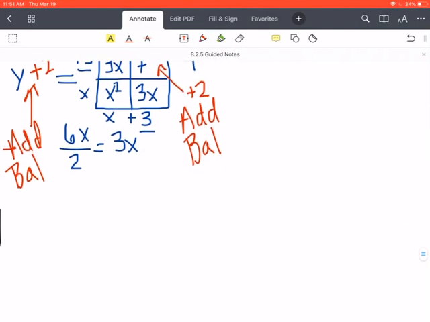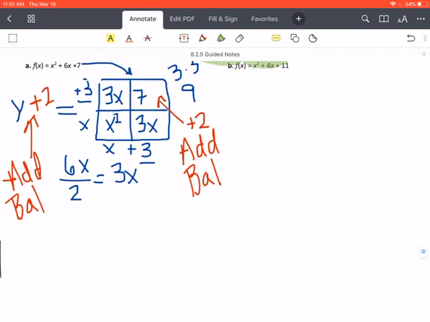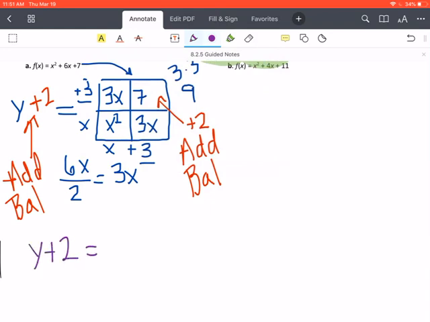So from here then, let's go ahead and write what we now have. So we have y plus 2 equals, we have a perfect square after we added 2 to the right side, so we are going to have x plus 3 quantity squared and nothing else.